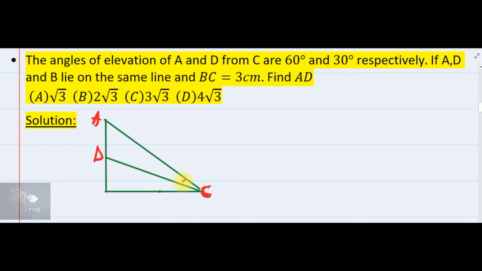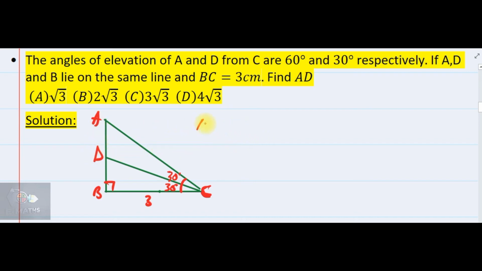If this is 60, meaning here is 30, here should also be 30, total 60. This is angle 90. And this should be B, because they say A, D and B lie on the same line, and BC is 3. We are now asked to find AD.